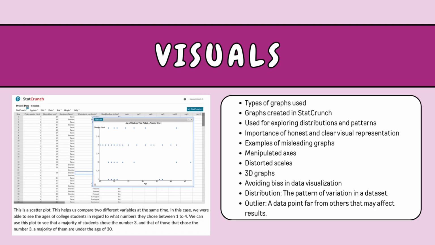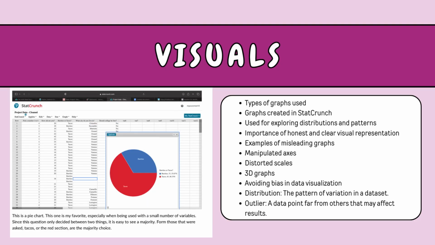So we were able to do different types of graphs. This one is obviously a pie chart. I feel like this is one that we are very used to seeing. I made this pie chart for people that chose either burritos or tacos.